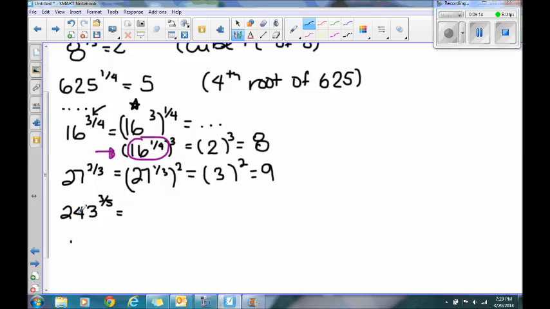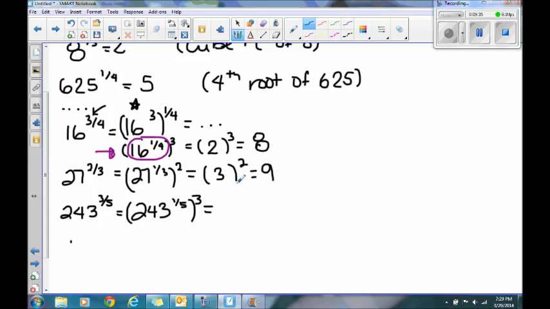Go ahead and pause the video, see if you can mimic what we did on these two examples to find 243 to the 3/5 power. Three-fifths, just a couple minutes ago we decided was 3 times 1/5.